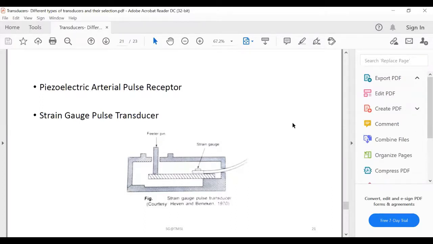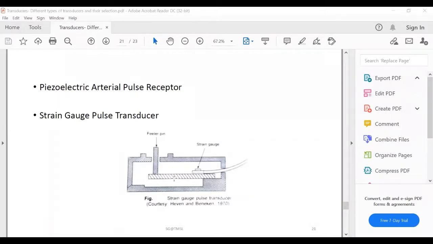The third is the strain gauge pulse transducer. Displacement of the vessel wall is transferred to the semiconductor strain gauge by means of this filler pin and this leaf spring.